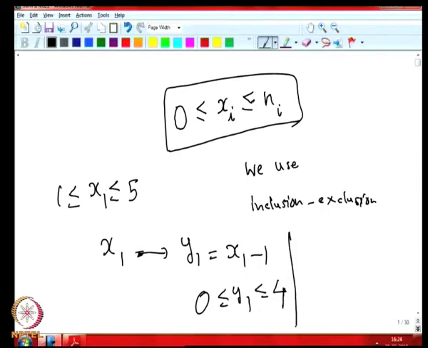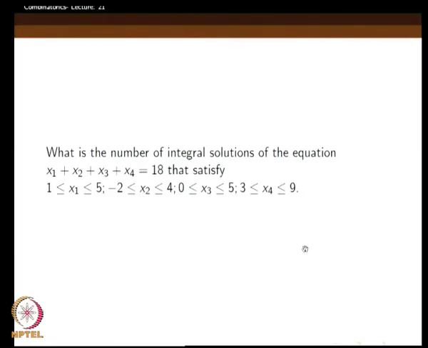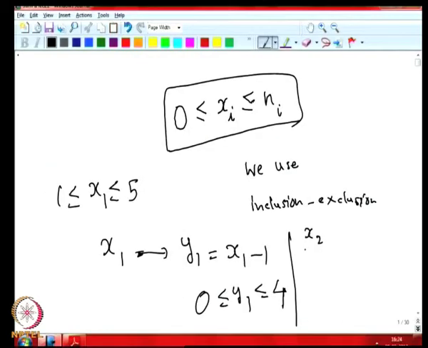Similarly, x2 as given in the problem is in between minus 2 and 4.